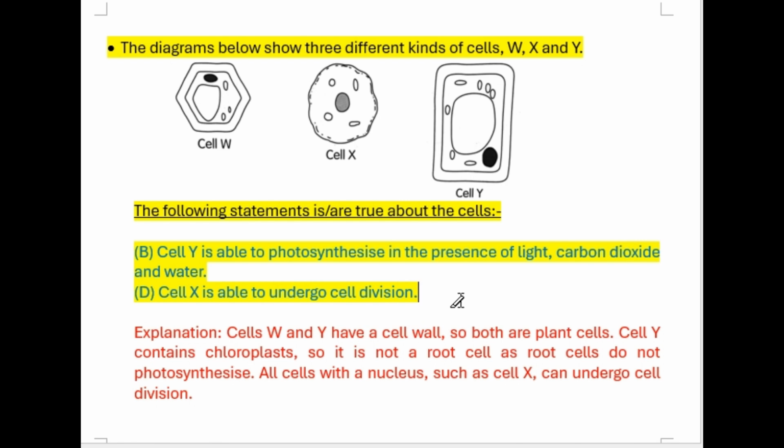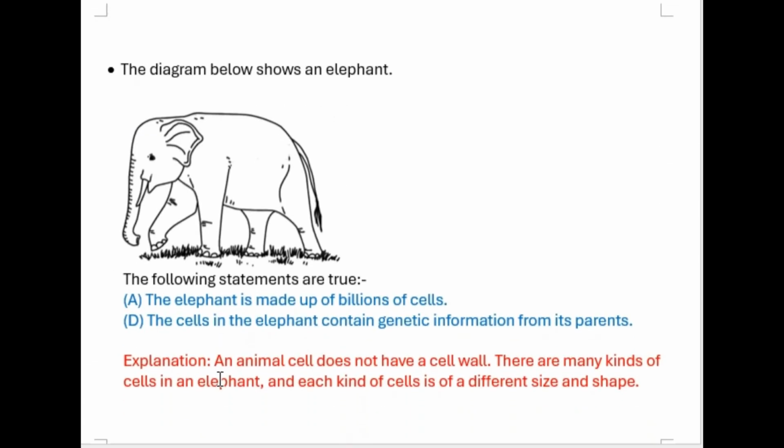Explanation: cells W and Y have a cell wall, so both are plant cells. Cell Y contains chloroplasts, so it is not a root cell, as root cells do not photosynthesize. All cells with a nucleus, such as cell X, can undergo cell division. The diagram below shows an elephant.